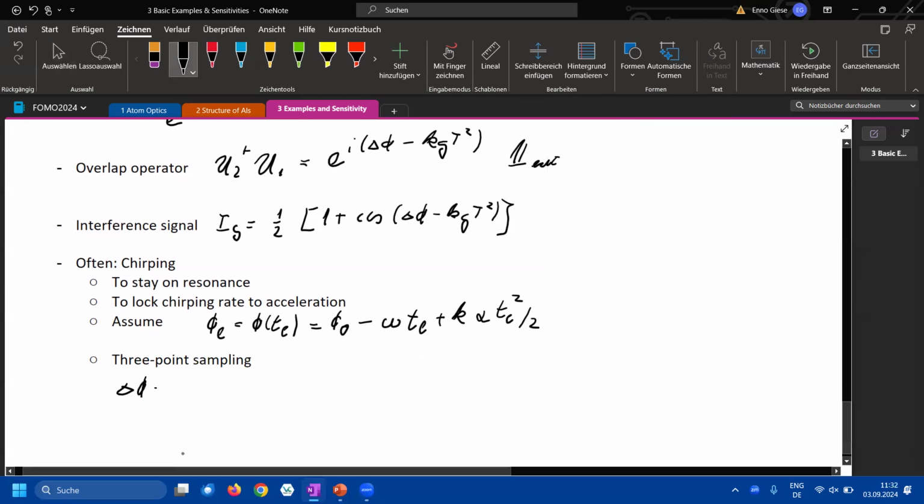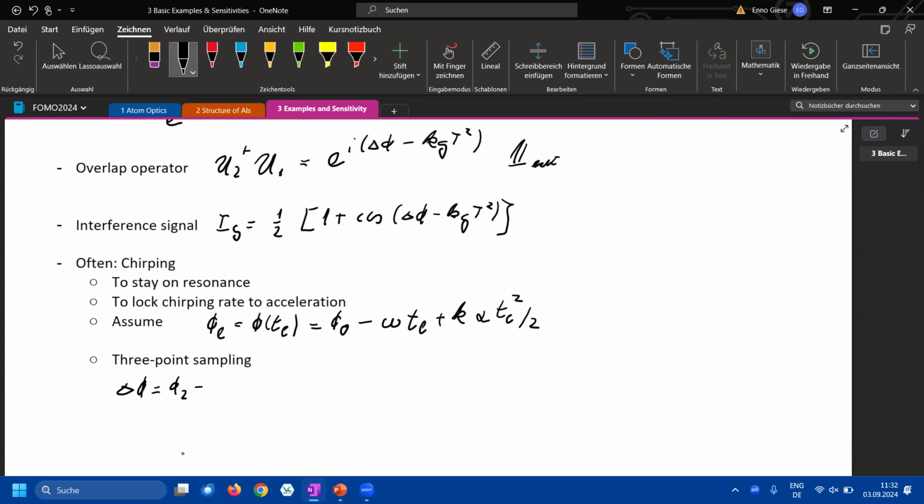Delta phi is equal to phi 2 minus 2 times phi 1 plus phi naught. And effectively this phi 0 always drops out, because it's plus 1, minus 2, plus 1 times phi 0.